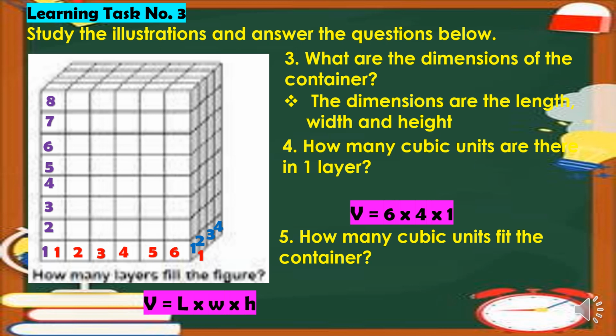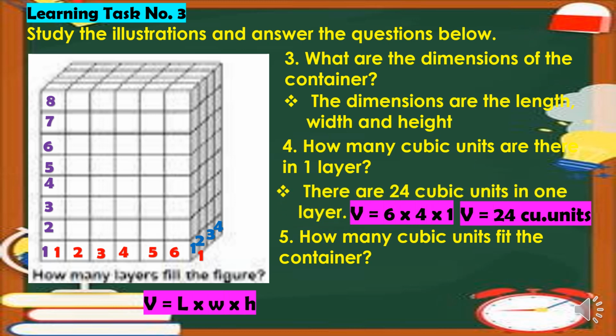Since ang tinatanong naman is 1 layer lang, yung 1 lang ang ating gagamitin. When we multiply that, we will have 24 cubic units. That means that container has 24 cubic units in one layer.